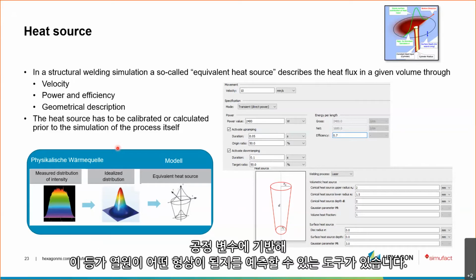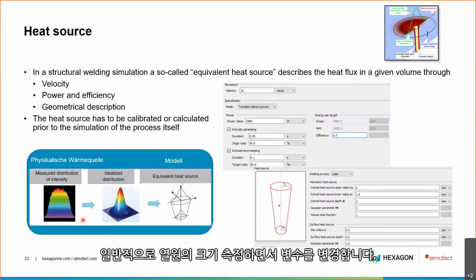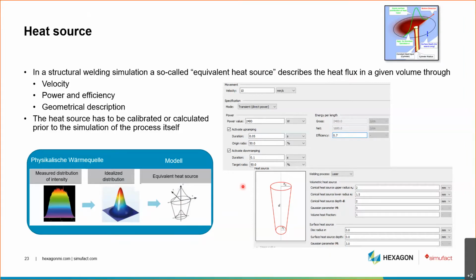There are certain tools around that are able to predict how this equivalent heat source should look based on process parameters. The usual way, for instance, for laser welding, as seen here, is that one measures the intensity and then changes the parameters. As you can see, there are a lot of parameters present to make them somehow match with the measurement.